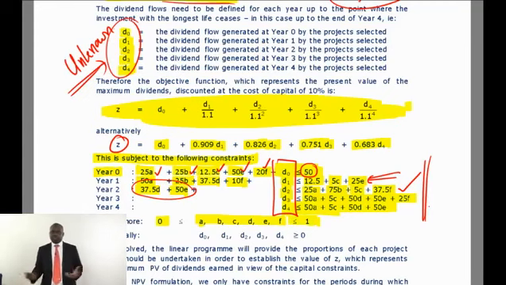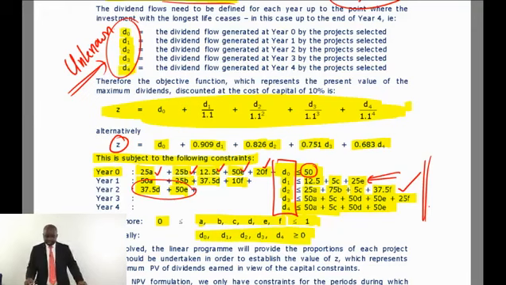They have to fall in between. You can't do a negative of a project. You can't do more than 100% of a project. And you also can't pay a negative dividend. So the dividend that you pay in each year is either equal to 0 or more than 0. So that is what you also have to bring in.